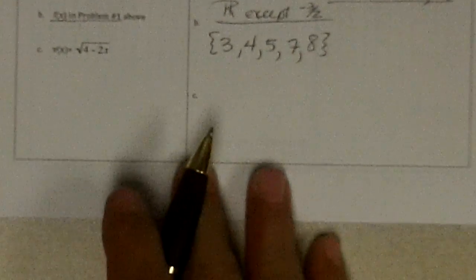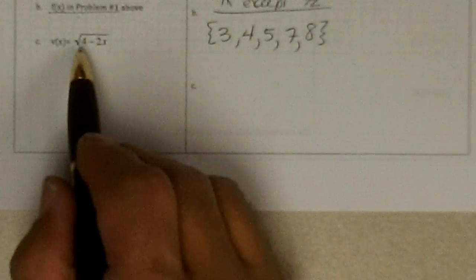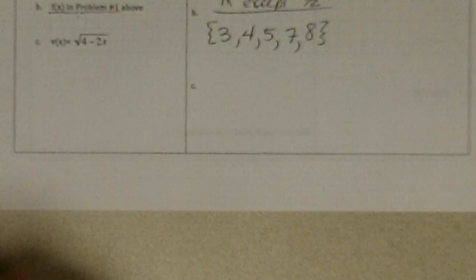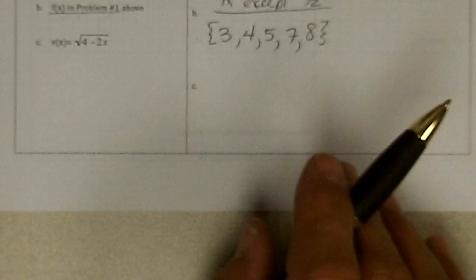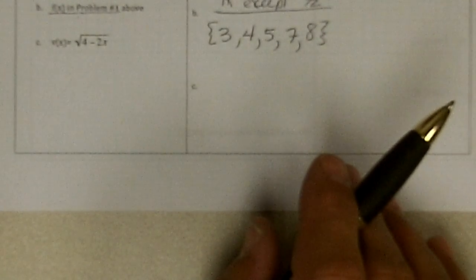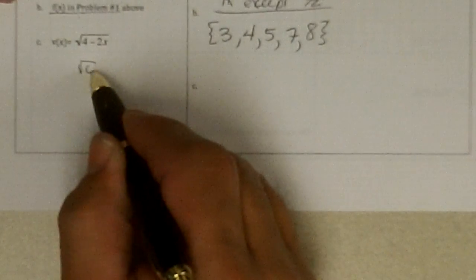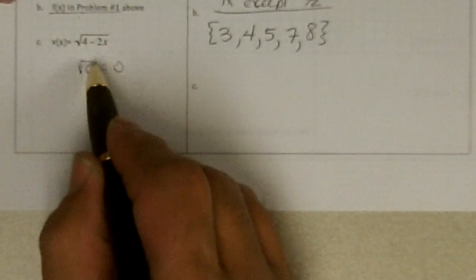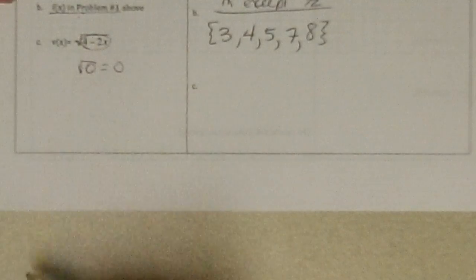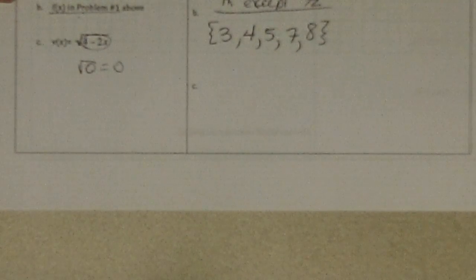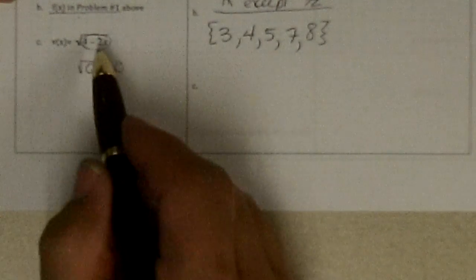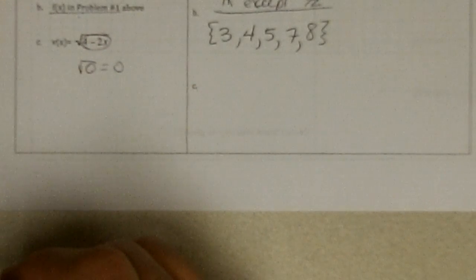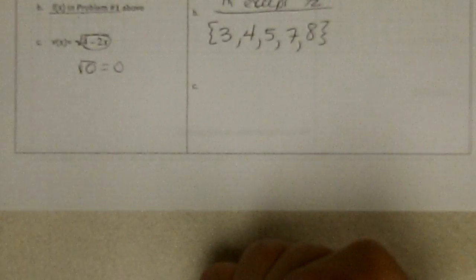And then C, we have a problem of square roots. You can take the square root of 0. The square root of 0 is 0. So there's no problem with the inside of this square root being 0. There's no problem with the inside being greater than 0, positive numbers.